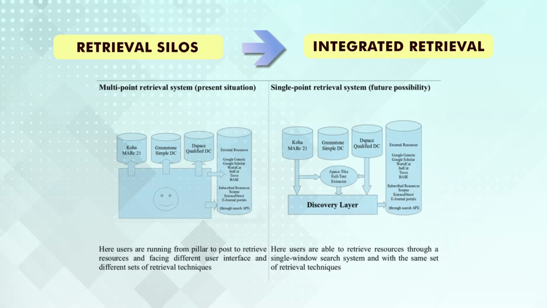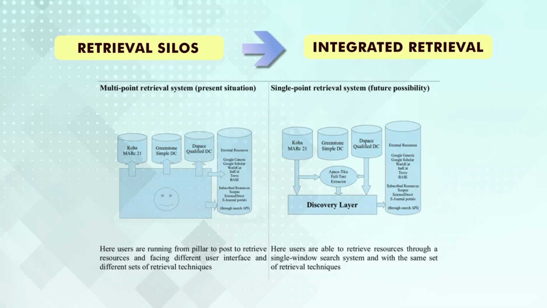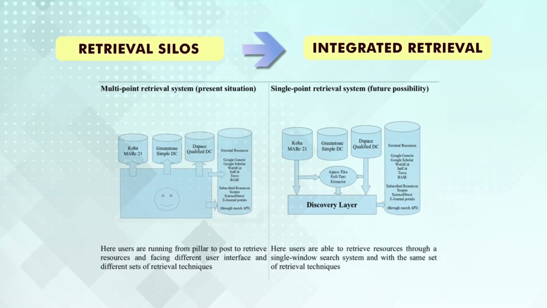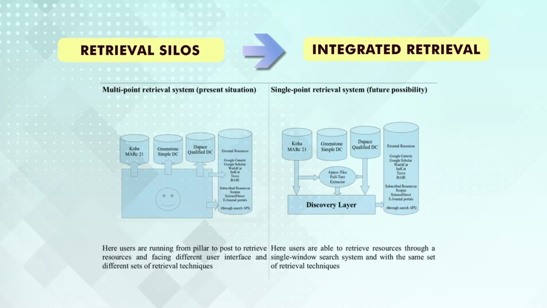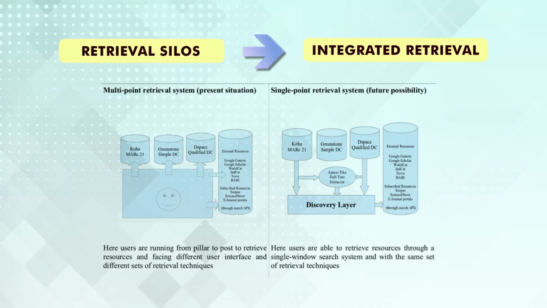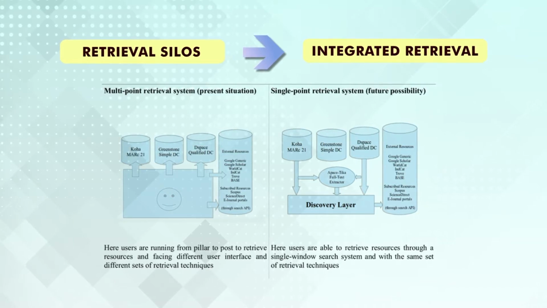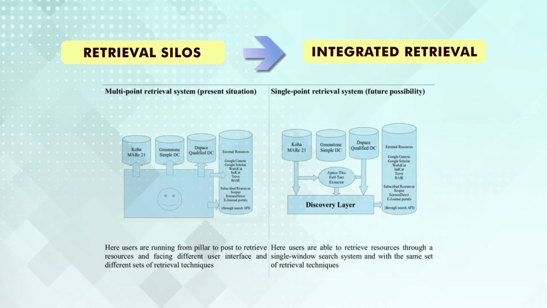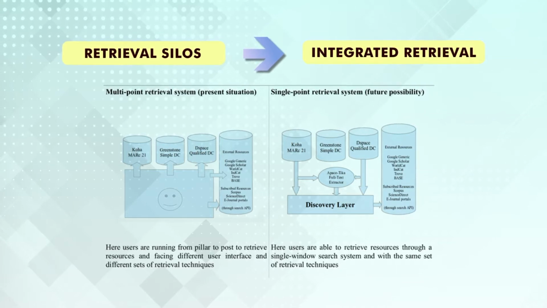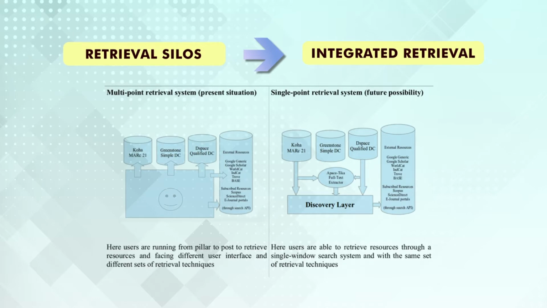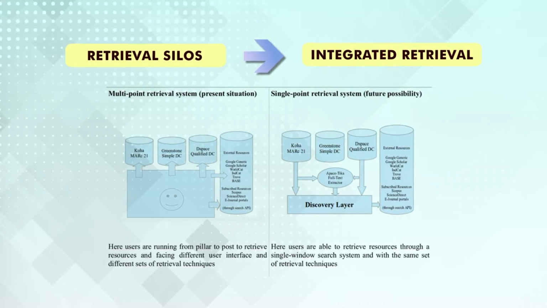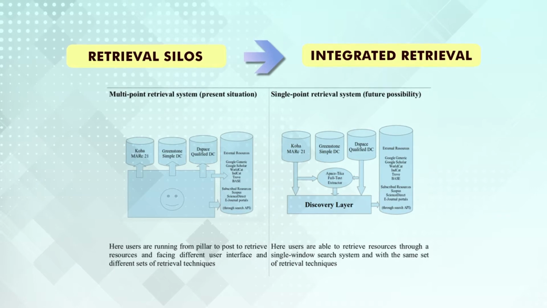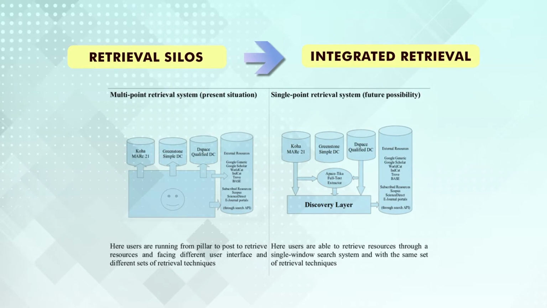This can also include a full text extractor like Apache Tika, an open source full text extractor that can help us to support not only the metadata but also search at the full text level. So, this is basically the difference between the retrieval silo oriented library search system, the present generation, and the future generation which is coming in a rapid way, that is called integrated retrieval by merging all kinds of retrieval silos.